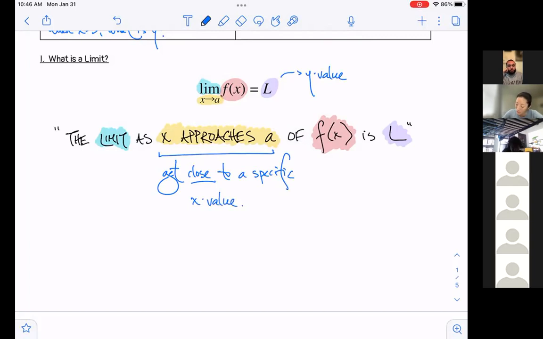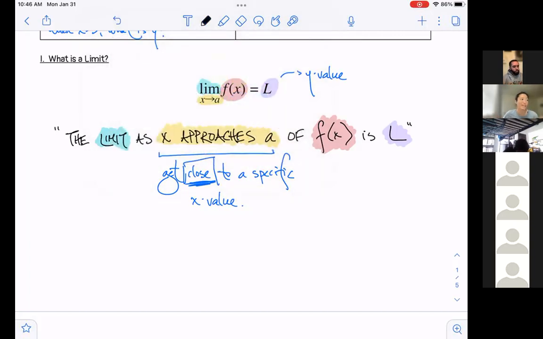Right? The key word here, we are getting close to a specific x value. All right? It almost doesn't matter whether we get to the x value or not. We just want to get really close to that x value. Okay, and that's the part that makes things a little bit weirder for the brain. All right.